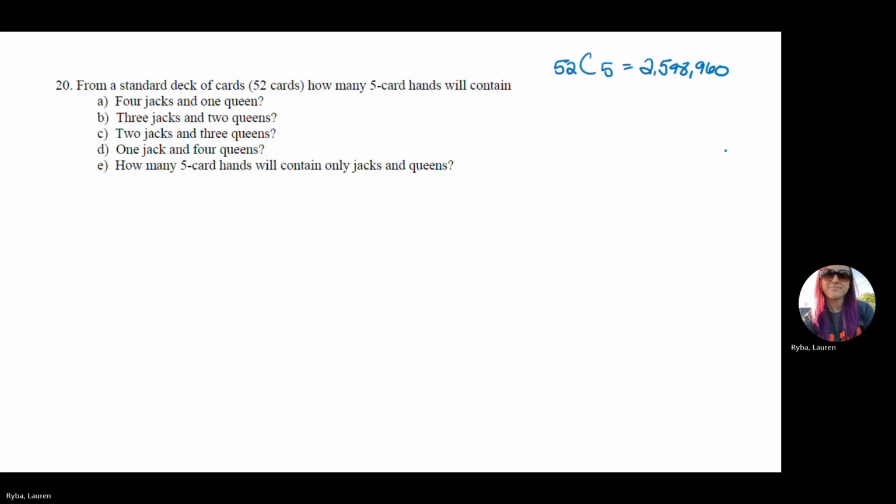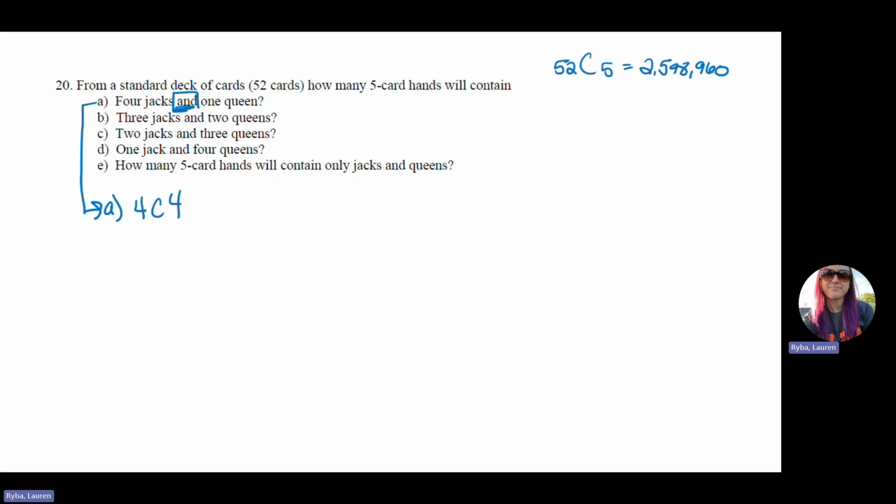Okay? What I want to do is I want to get 4 jacks and 1 queen. How many jacks are in the deck of cards? 4. Yes, thank you. All right, so we have 4 jacks, and I want to choose all 4 of them. So 4 choose 4. Now, I'm separating this and 1 queen.